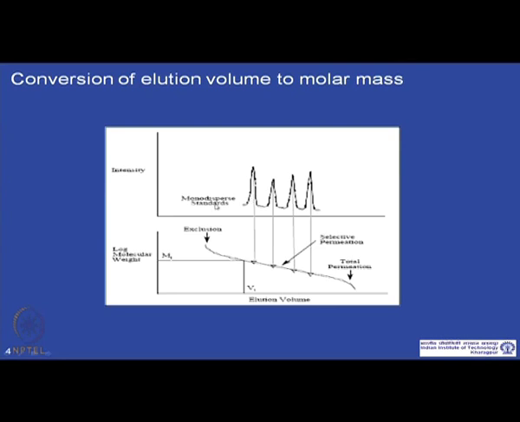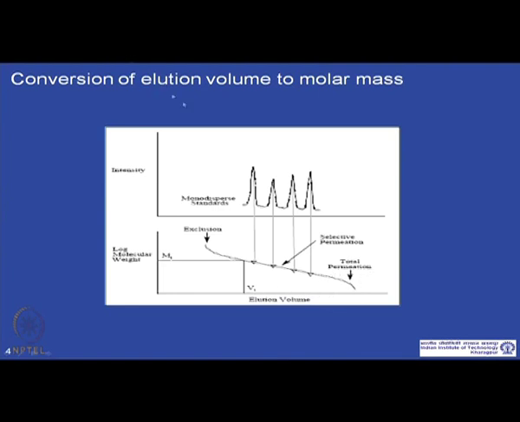Several monodispersed polymer samples with known molecular weights are injected in the column, and their elution volumes are plotted against log of molecular weight, and such a linear plot is constructed.